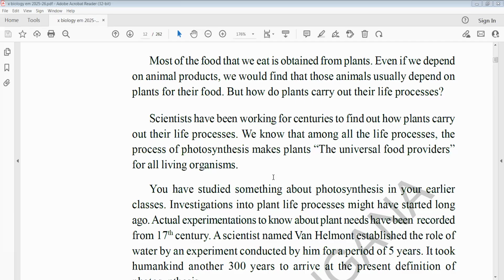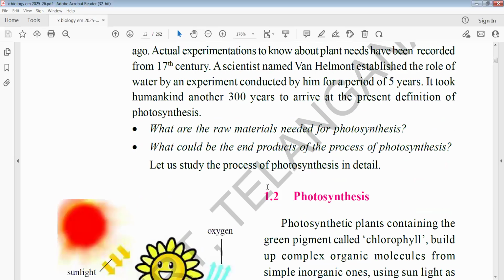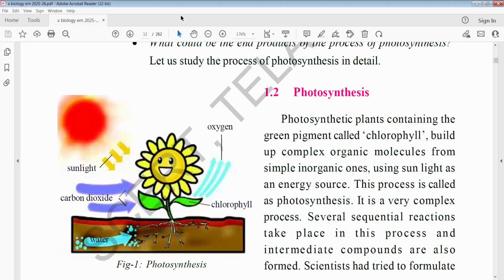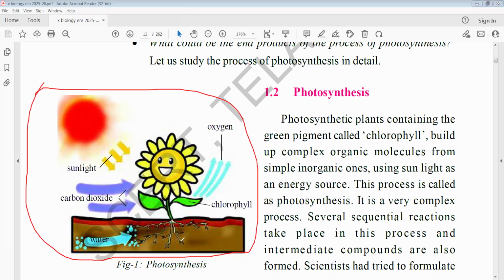Next, go to photosynthesis. Here, in this picture you can see, sometimes in the bit paper this picture will be given and they ask: this picture indicates A, photosynthesis, B, respiration, C, digestion, D, excretion.